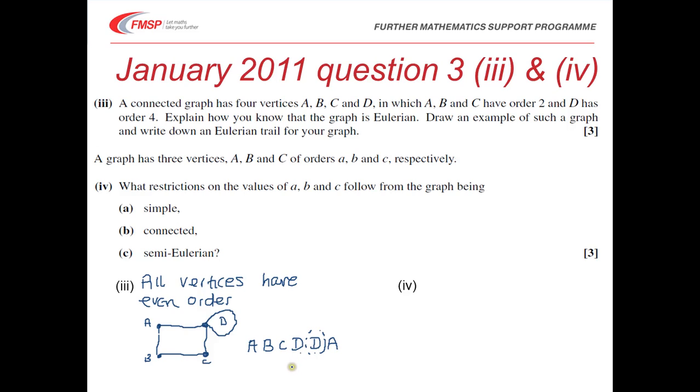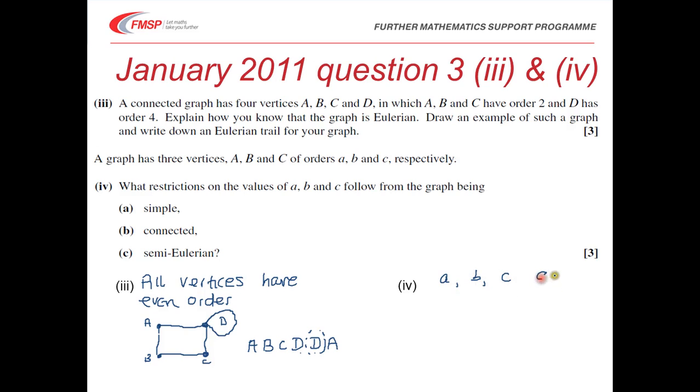And then in part 4, it says a graph has 3 vertices A, B, and C of order a, b, and c. What restrictions on the values of a, b, and c follow from the graph being simple? If the graph is simple and you've got 3 vertices, then you can't have any multiple arcs or any loops.